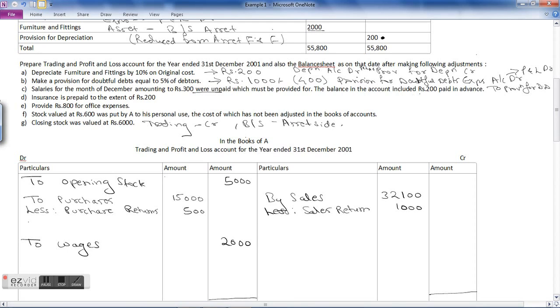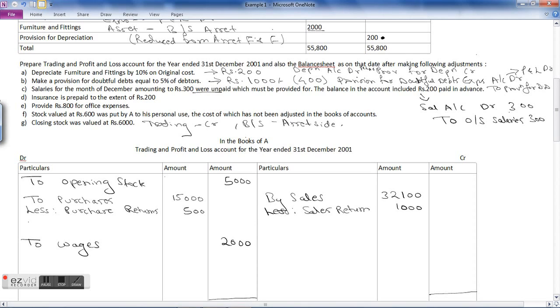your salary account debit to outstanding salaries account. How much will be the amount? 300. This salaries account is already having some debit balance. Now you have to provide for more salary of the month of December.